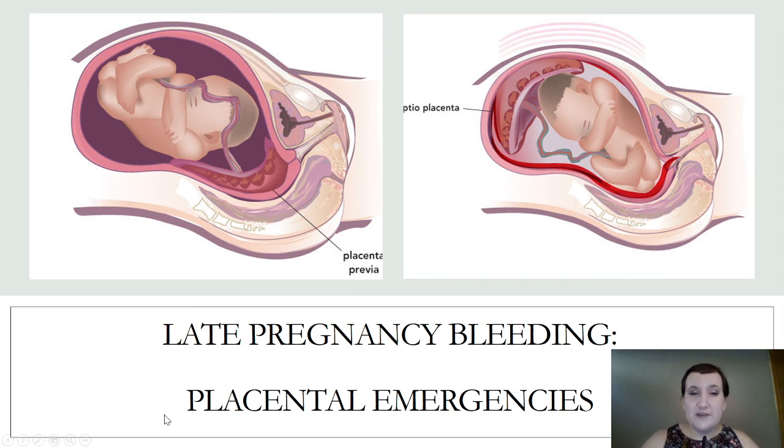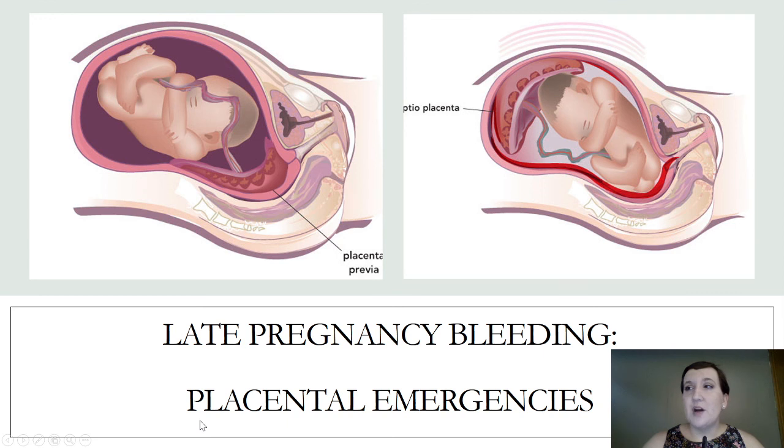So, placenta previa: painless, bright red vaginal bleeding after 20 weeks of gestation. Observation is the first thing that we're going to do. If they are less than 36 weeks, we're going to carefully monitor fetal well-being. If it's a complete placenta previa, we're going to do a C-section, because there's no way that this woman can deliver vaginally and that baby be able to withstand the stress of delivery.